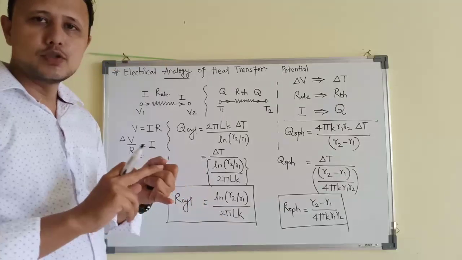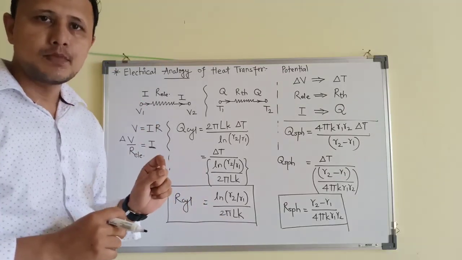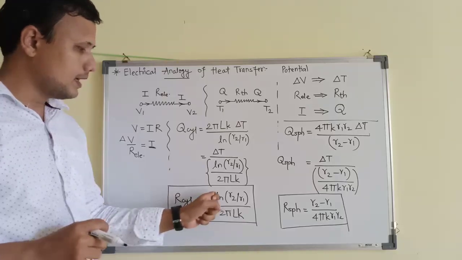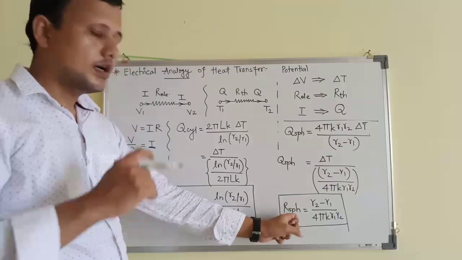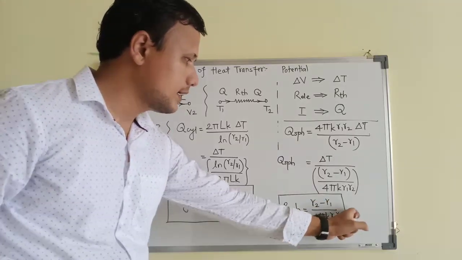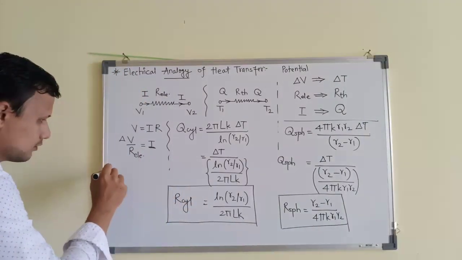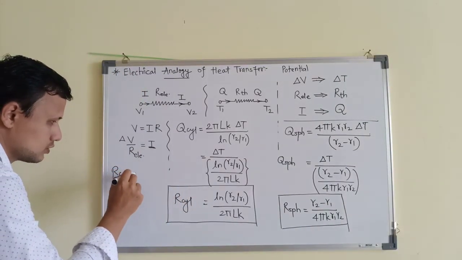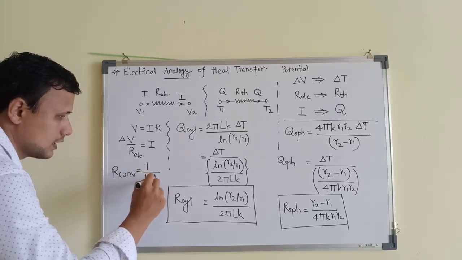For example, if it is only conduction, for a plane wall we will apply L by kA, and if it is cylinder we will apply ln of R2 by R1 upon 2 pi Lk. If it is a hollow sphere undergoing conduction, then it will be R2 minus R1 upon 4 pi k R1 R2. Remember, the convection resistance that we have written is 1 upon hA.